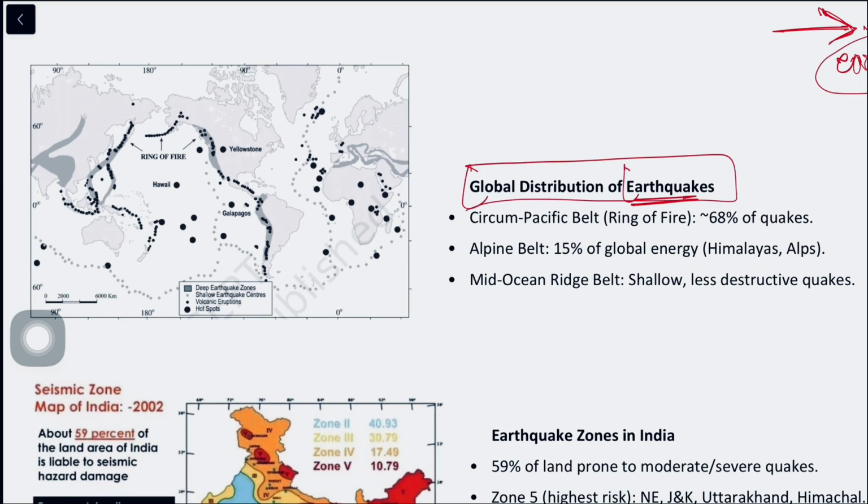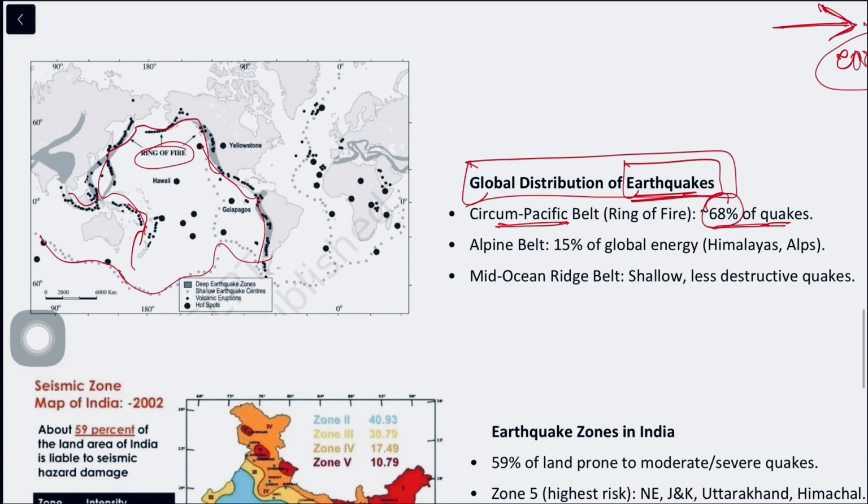So where are the earthquakes happening majorly? That is in the circum-Pacific belt, where 68% of the earthquakes happen, in the Pacific Ocean region only. This is the Pacific Ring of Fire, because there is major movement of the plates here, and because of that movement more energy is released and more earthquakes happen here.